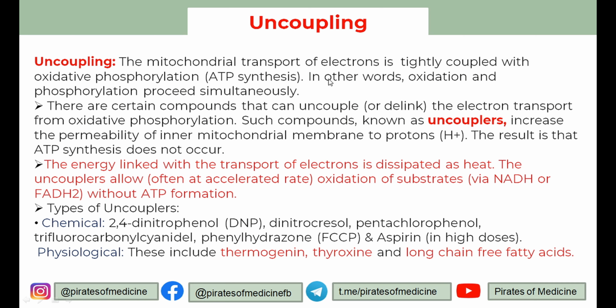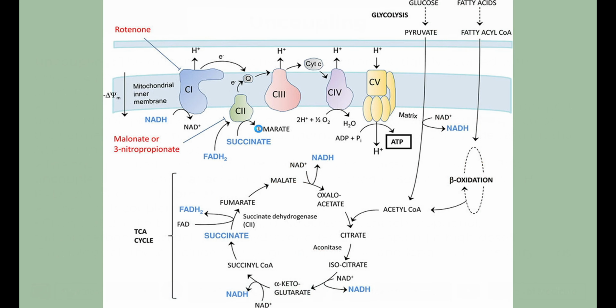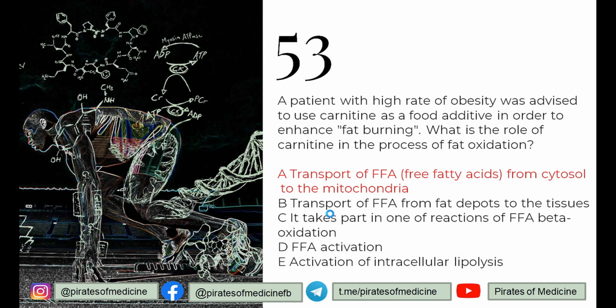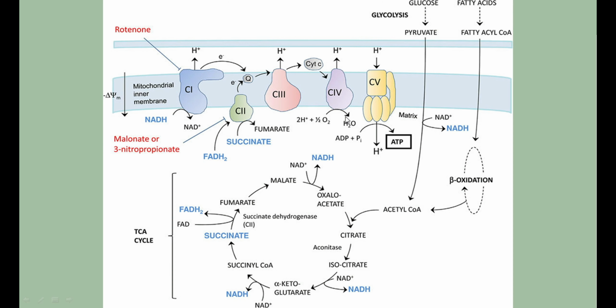But there are certain compounds that can uncouple the electron transport from the oxidative phosphorylation. So there are some substances which can uncouple these two, this part and the fifth part.